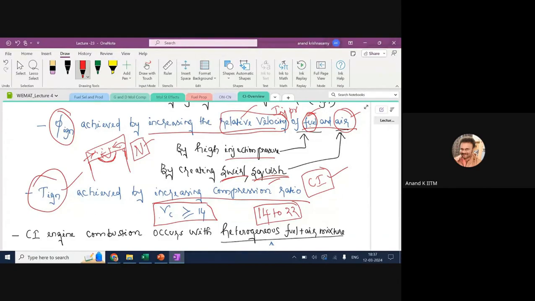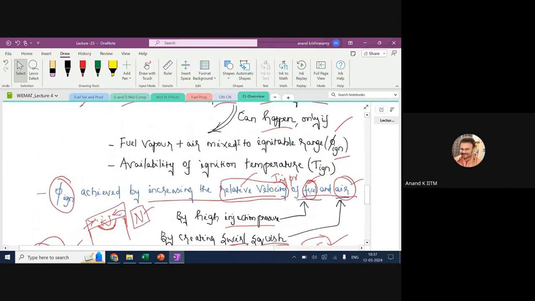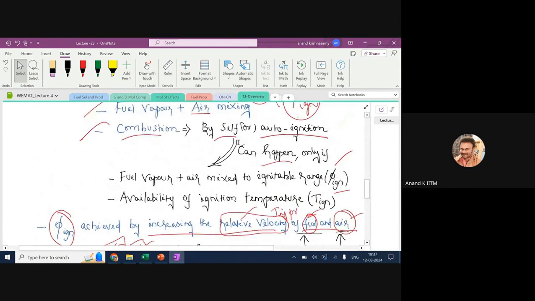Suppose you don't create appreciable air motion, what problem will be encountered in the engine? Suppose you are spraying fuel at some pressure. Let us assume that the air is not moving. You are not creating any swirl or any squeeze inside the cylinder. The fuel is sprayed, air is not moving in.